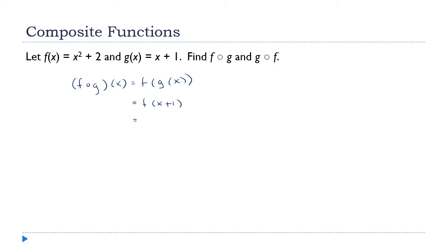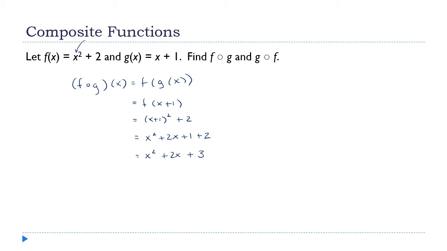So if I replace the x, there's only 1 here, in f of x with x plus 1. And then simplify this. That's x squared plus 2x plus 1 plus 2. So that's x squared plus 2x plus 3. That's it. That's the composition of these two functions.